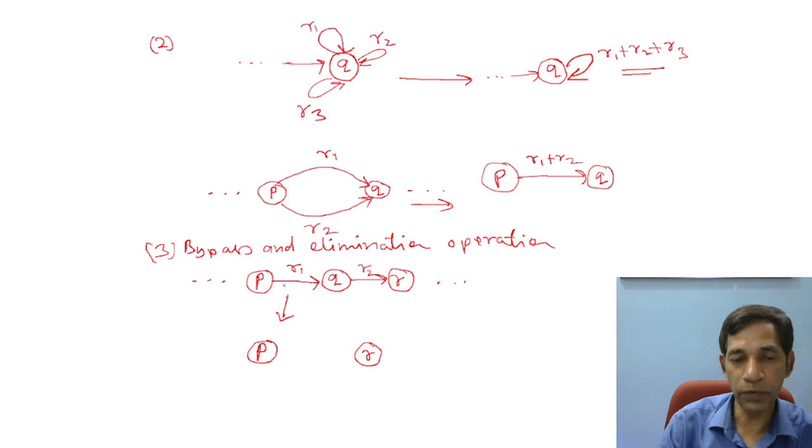From P you are going to Q for the regular expression R1, and from Q you are going to the state R for the regular expression R2, and this is the case of concatenation actually.